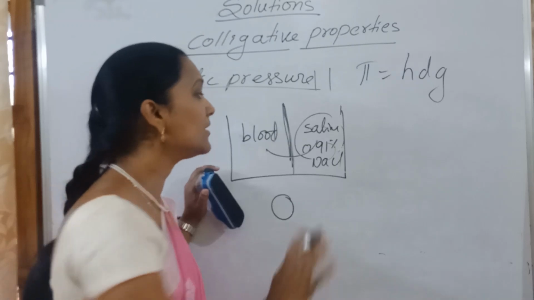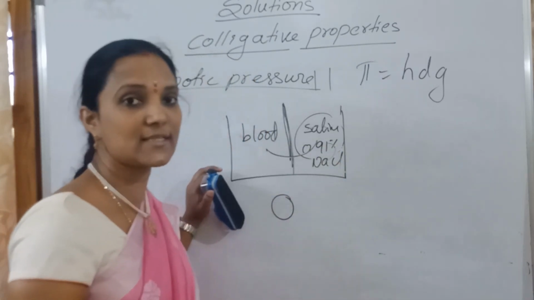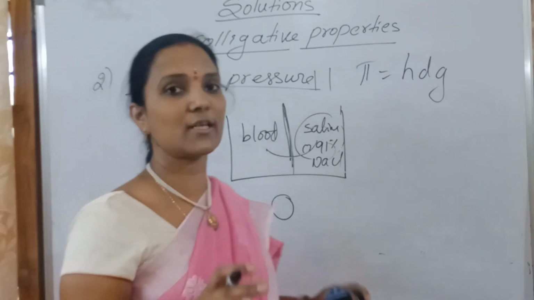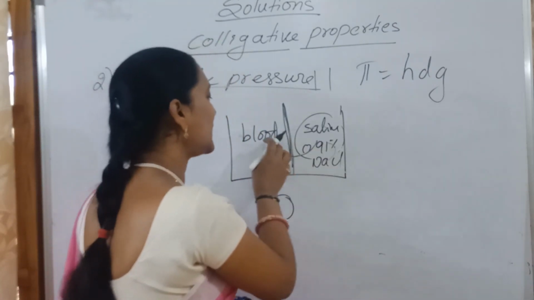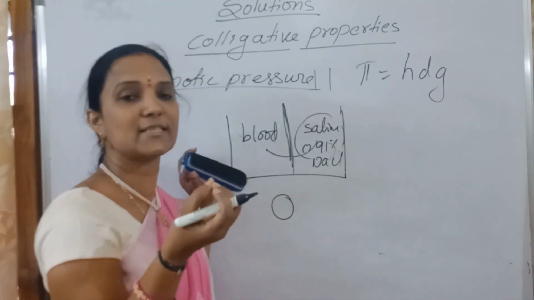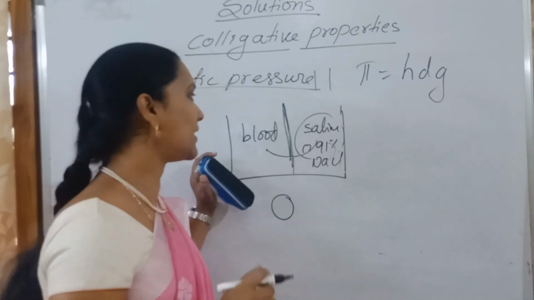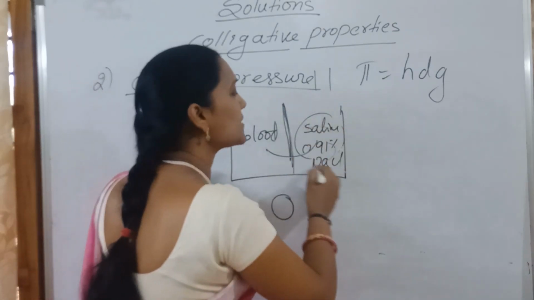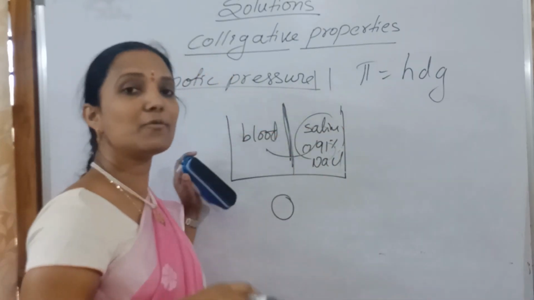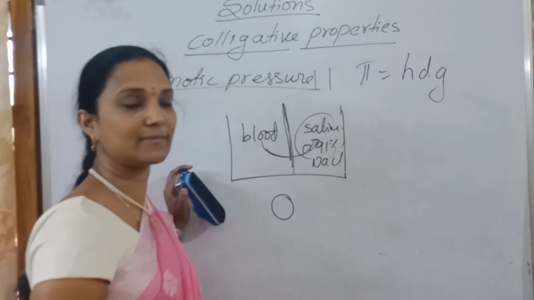What is the solvent? In 0.91% NaCl solution, NaCl is the solute and water is the solvent. Then water enters into blood cells. If water enters into blood cells, swelling of blood cells takes place, then rupture of blood cells takes place. If the saline is more concentrated than the blood, then flow of water from the blood cells to the saline takes place.